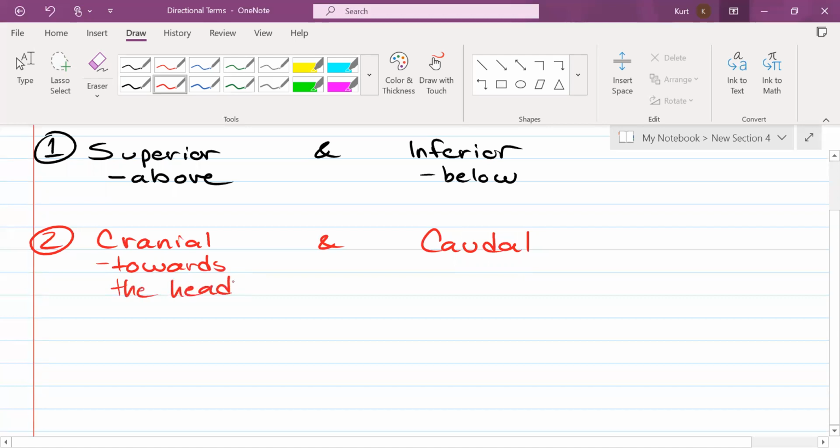You know another way of saying that? Up or above. Cranial and superior are synonymous. A synonym is 2 words that are different, at least the way they're spelled, but they mean the same thing.